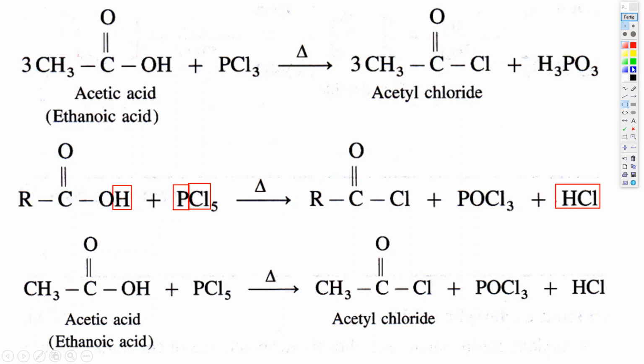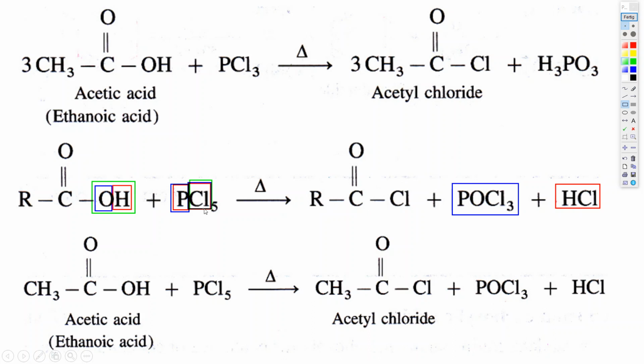This is the phosphorus atom. Then out of the 4 chlorine atoms, 3 chlorine atoms, 1 phosphorus and 1 oxygen atom will form POCl3 as a minor product, phosphorus oxychloride, and only one chlorine atom remains. So that one chlorine atom takes the position of the OH group and will form RC=OCl, which we call an acid chloride.